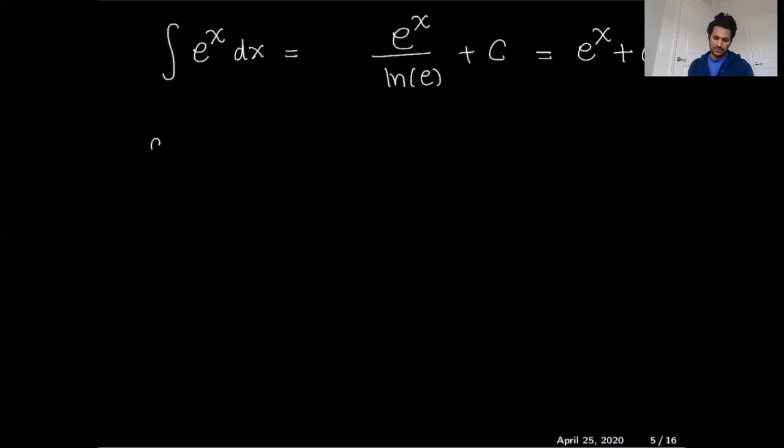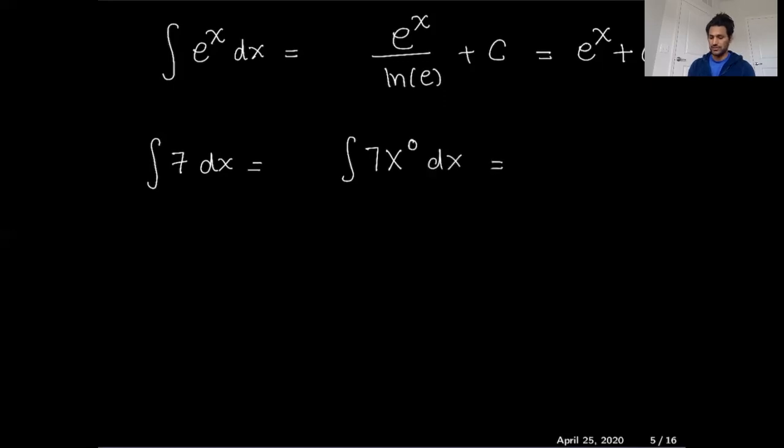So we can use this formula: the antiderivative of e to the power x is e to the power x. Now, what is the antiderivative of a constant function? Let's suppose the integral of 7 dx, by using the power rule. This can also be written as 7x to the power 0 dx.